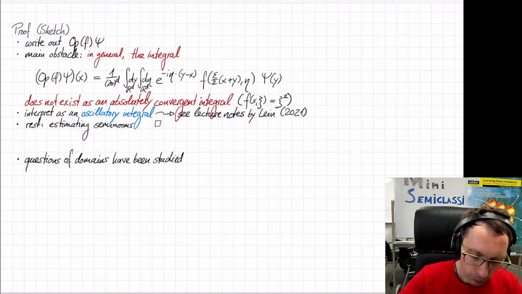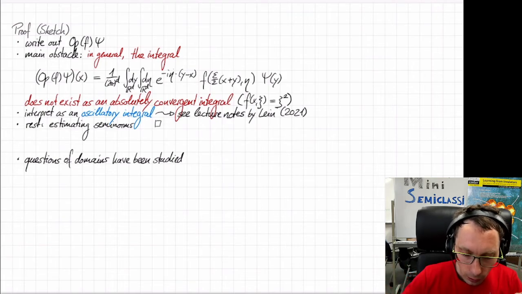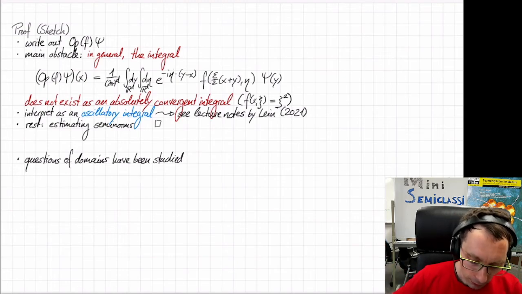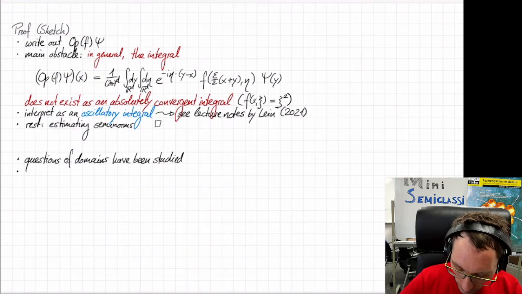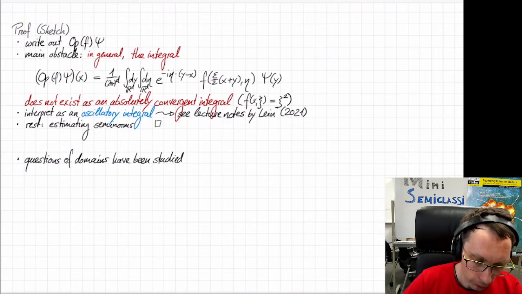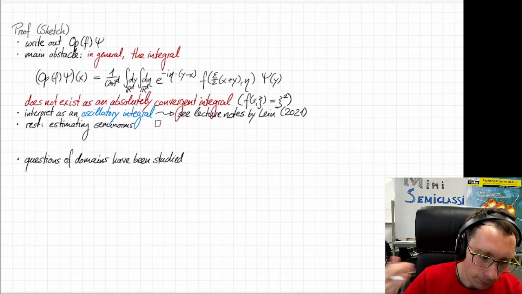And if a symbol is elliptic, then this means that independent of the direction that you're looking at towards infinity, the function explodes like absolute value of psi to the power m. And then elliptic functions, let's say elliptic real-valued functions, give rise to self-adjoint operators where the domain is given by the m-th Sobolev space.